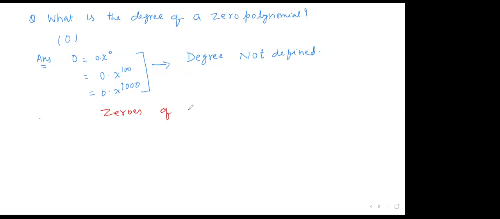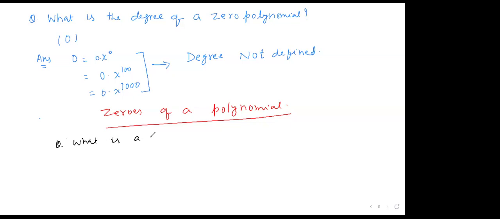We studied only quadratic polynomials; now we are studying all polynomials in general. What is a zero of a polynomial?